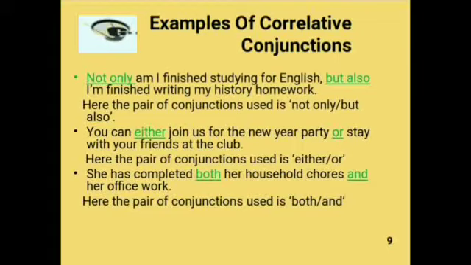You can either join us for the New Year party or stay with your friends at the club. Here, the pair of conjunctions used is either or. She has completed both her household chores and her office work. Here, the pair of conjunctions used is both and.